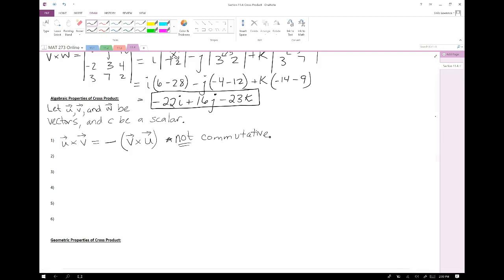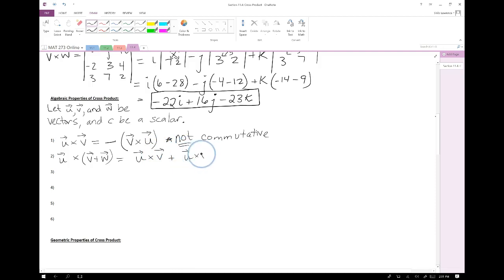It is, however, distributive. If you had u crossed with v plus w, remember, cross product is a type of multiplication, so we technically could go ahead and distribute the u and do those cross products individually.